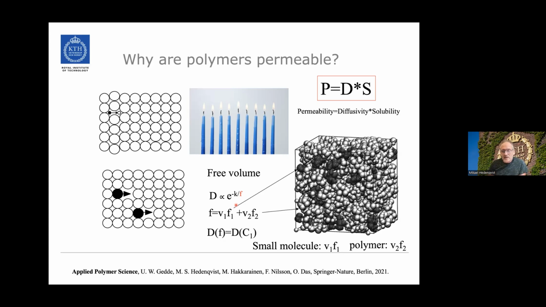And that's the reason why you often observe a diffusivity that increases with the concentration of water or some hydrocarbon and so on. So this plasticization or this increase in diffusivity due to plasticization is because this foreign molecule comes with an extra free volume to the system.